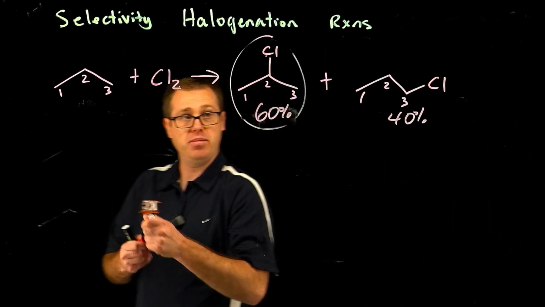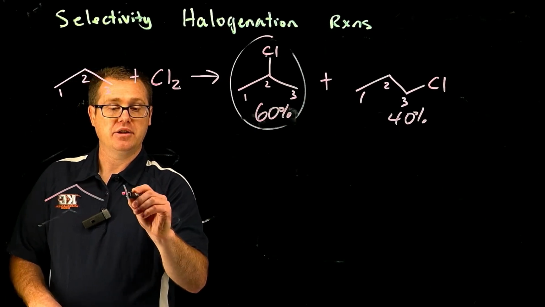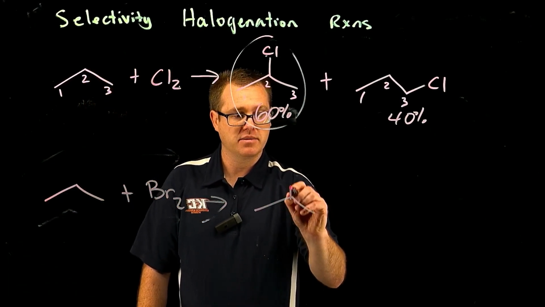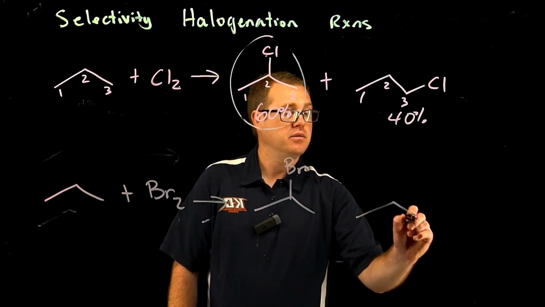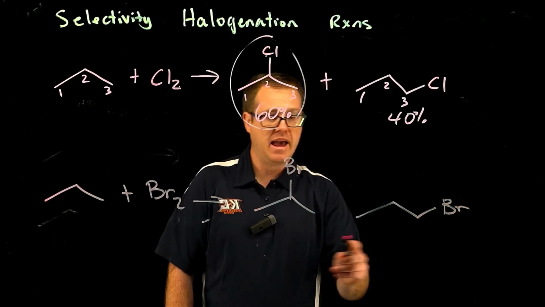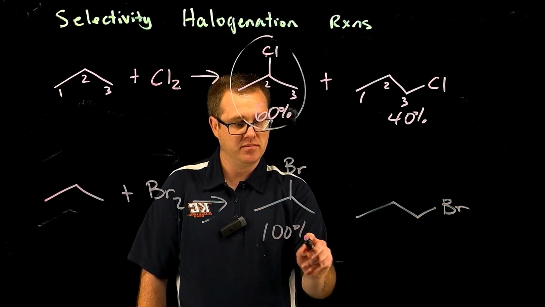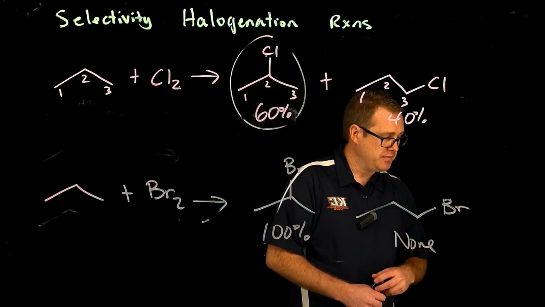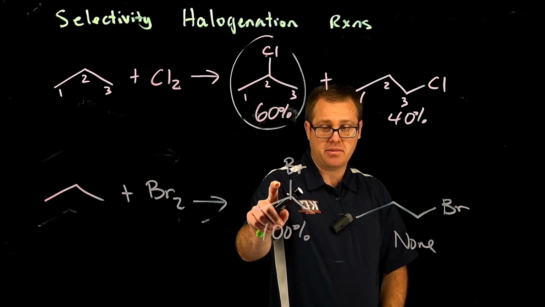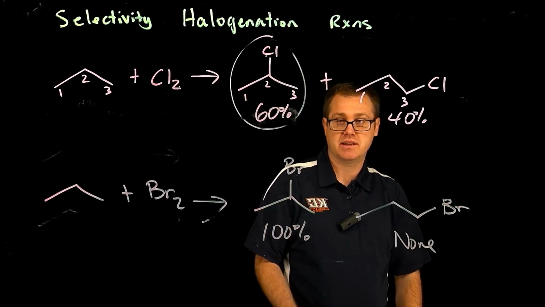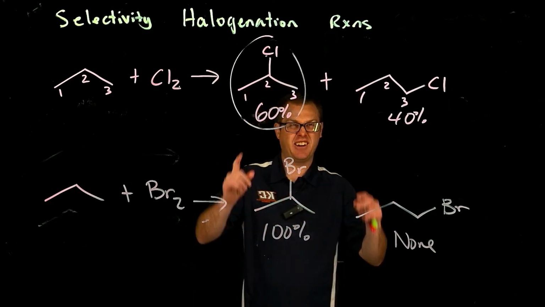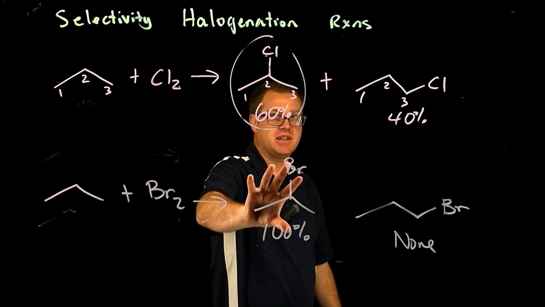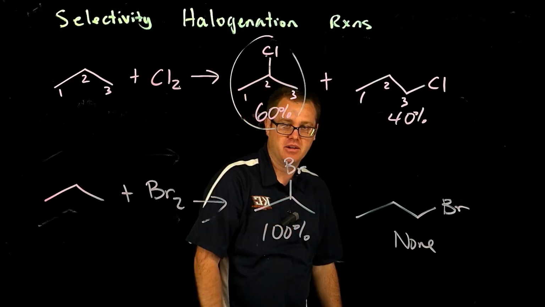If we take propane and treat it with bromine now, we will get this product. And so 100%, none. It predominates on this one. So isn't that crazy? A crazy difference there. Chlorine is 60% major, and this is 100% major with bromine.